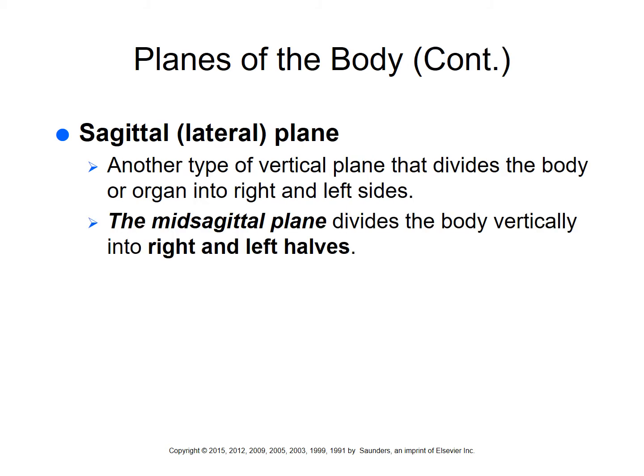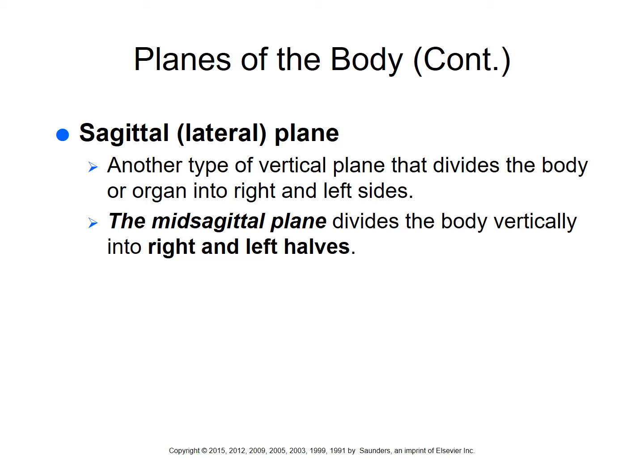Sagittal planes. Another type of vertical plane that divides the body or the organ into right and left sides. The mid-sagittal plane, which is a very, very important plane that we use in radiography, the mid-sagittal plane, or MSP, divides the body vertically into right and left halves.